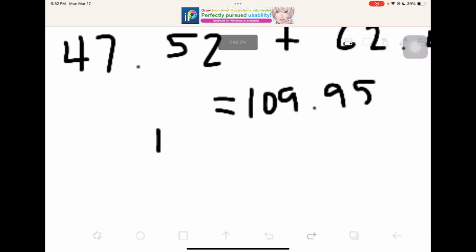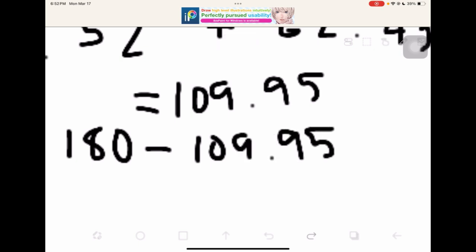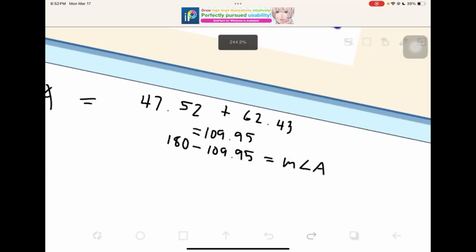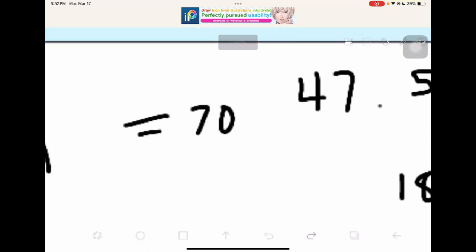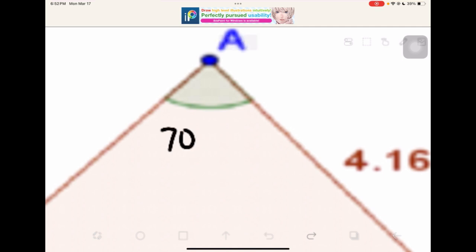Then we do 180 minus 109.95, and that's going to be equal to the measure of angle A, which is 70.05 degrees. So let's mark that there.